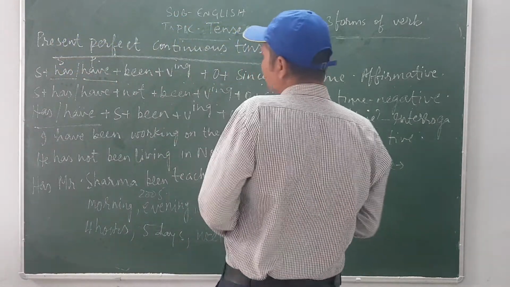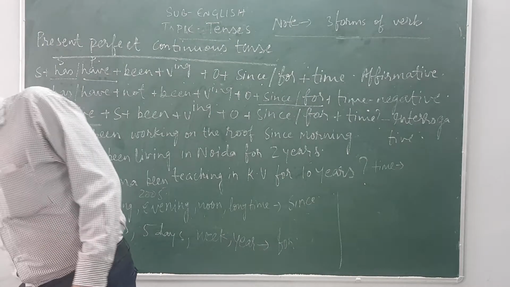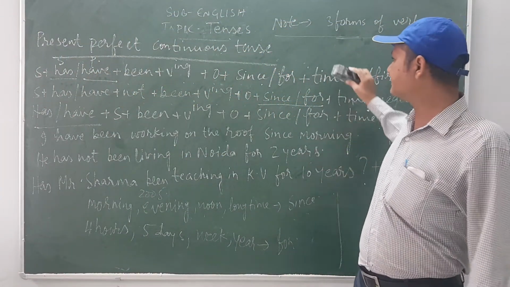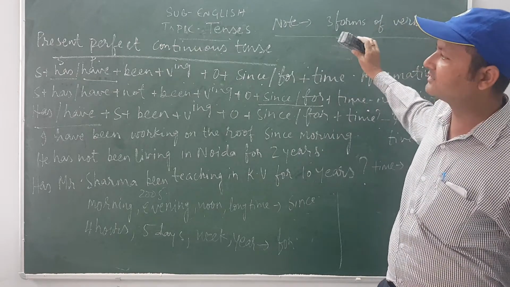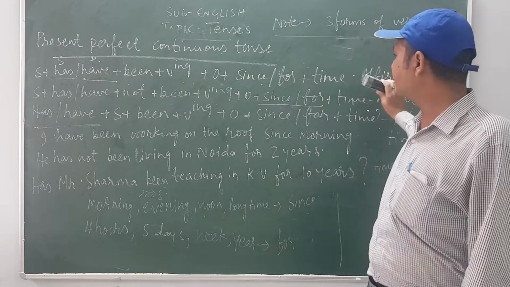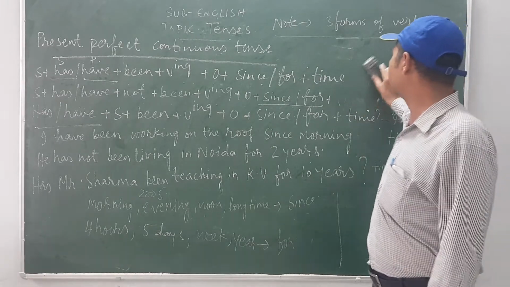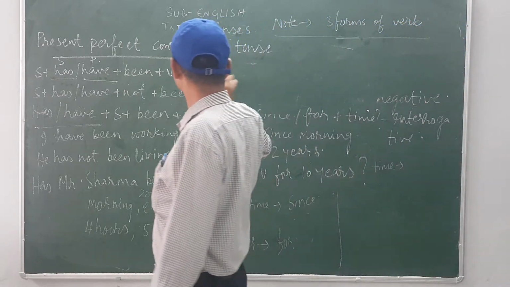Now, all the parts of the present tense are given in front of you, and I have explained each and every format related to the present tense. In all, there is a conclusion I am going to give you in short, which I am going to write on the board.